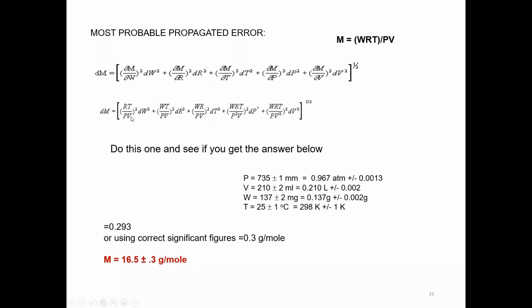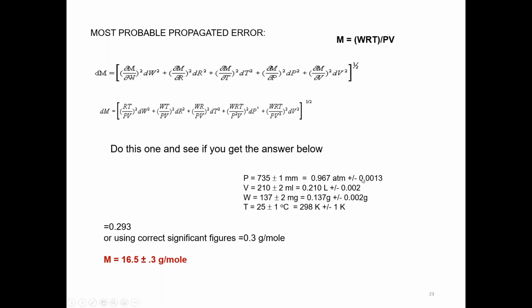I take the partial differential with respect to W, which gives me RT divided by PV, and then the partial differentials with respect to T, P, and V. Add their squares all together and take the square root of the sum. That will give me the error of my molecular weight.